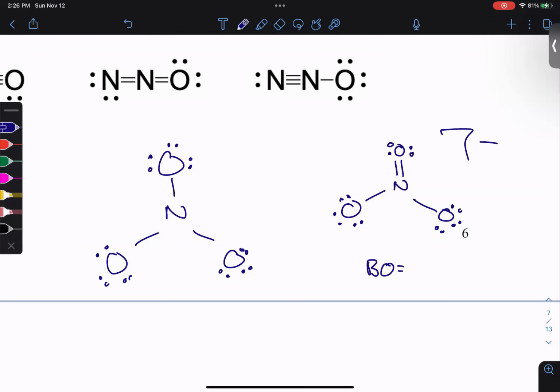We actually see a bond order that's a weighted average of all of the bonds because they're identical. So the bond order in this molecule, I like to think of, okay, there's a double bond, 2 single bonds. We have to do a weighted average of all of them. So it's a bond order of 4/3, or 1.33. All the nitrogen-oxygen bonds are a little bit stronger than a single bond, but not as strong as a double bond.